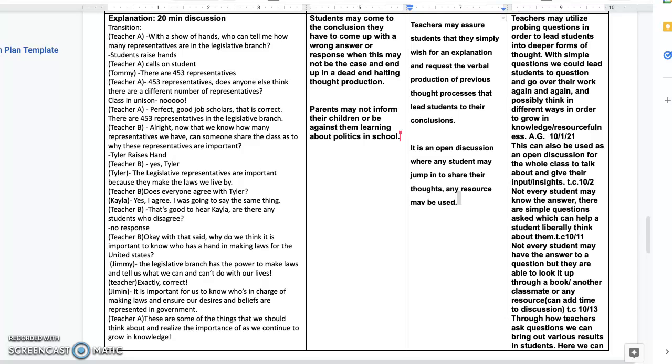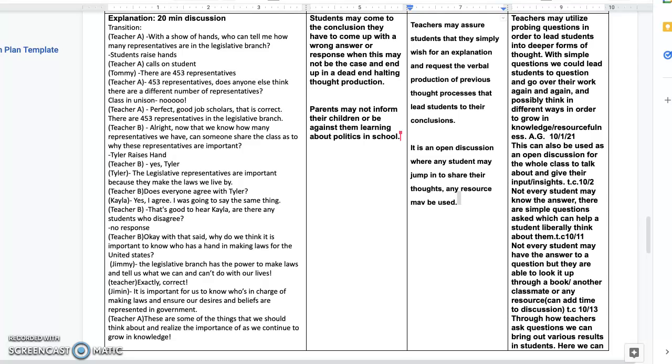And there are definitely a lot more opportunities and chances for other students to raise their hands and share their thoughts and their beliefs as to why the legislative branch is important, and why it is important to know who our representatives are within this 20-minute discussion.